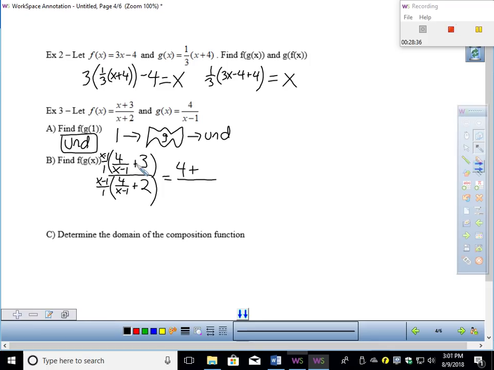Here's my plus. Now there's no problem here, right? There's no denominator under that 3, so I can just multiply the 3 times the x minus 1, so I get 3x minus 3. Perfect. And then down below, same idea. That's a problem. It's got to go. So it's good that this is right up here, because those are going to cancel out. And notice I get the 4 again.